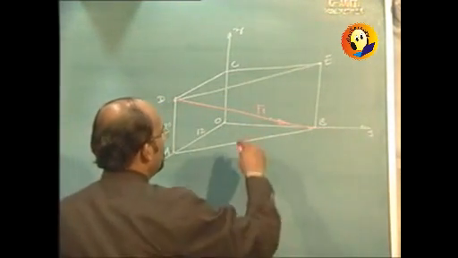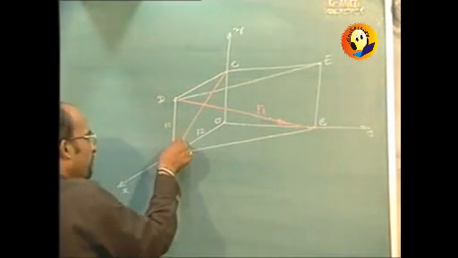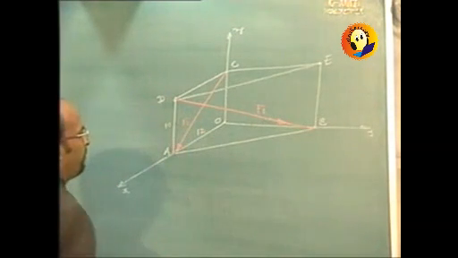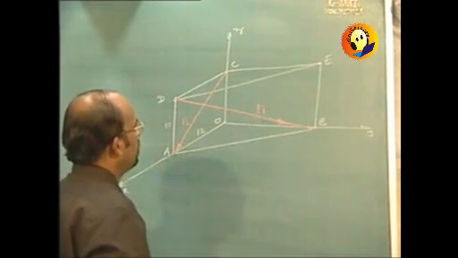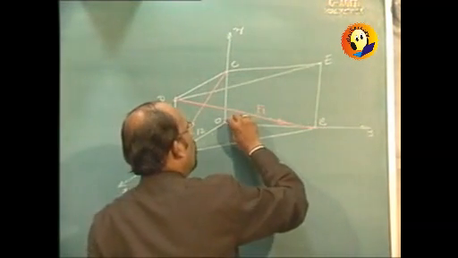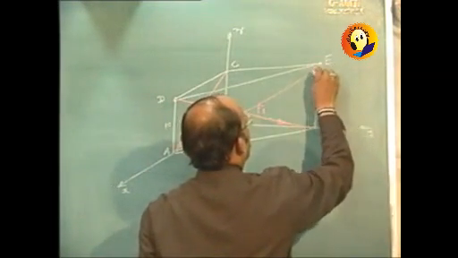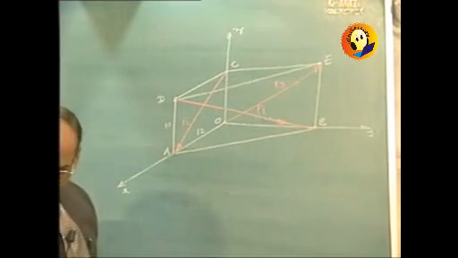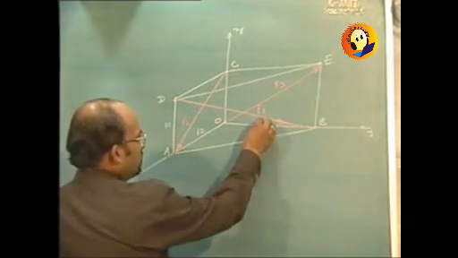Then there is a force which is acting from C to A, which is F2. And there is a force acting from O to E, F3. This distance was 18.